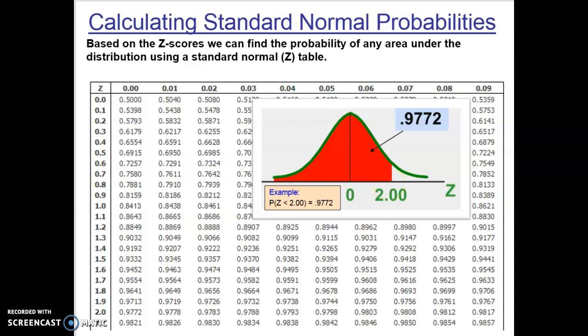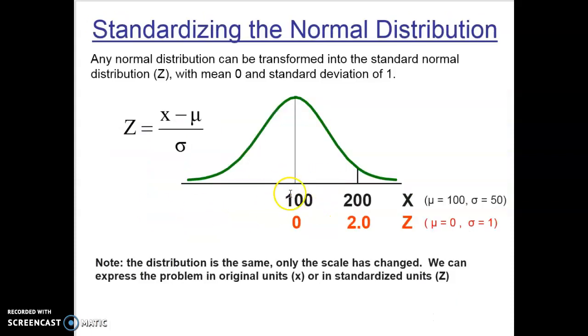With that information, we could go back to our test scores here and say, what's the probability of getting a test value up to 200? Well, since 200 is commensurate with 2 as a standard z-score, then we could say it's 0.9772. So the probability of getting an exam value up to 200 is 0.9772.